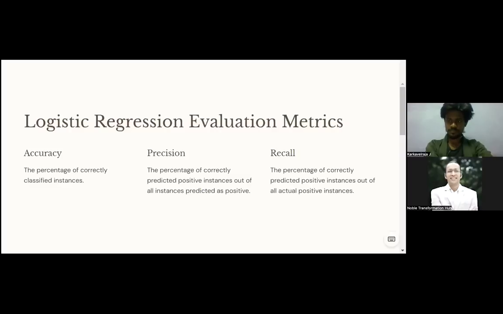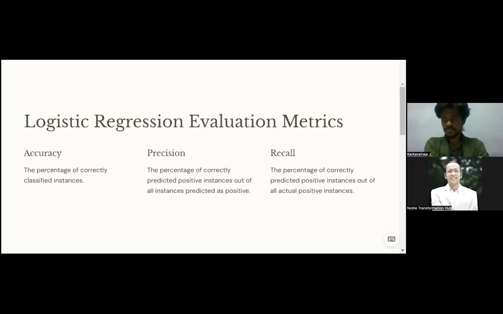Okay, now, accuracy is the percentage of correctly classified instances. Whatever is classified correctly, that is accuracy. Precision is the percentage of correctly predicted positive instances out of all instances predicted as positive.